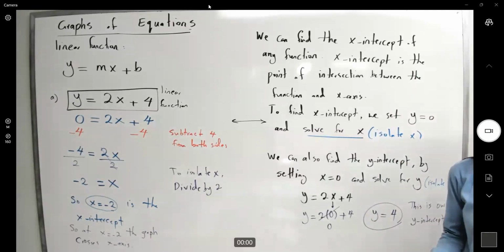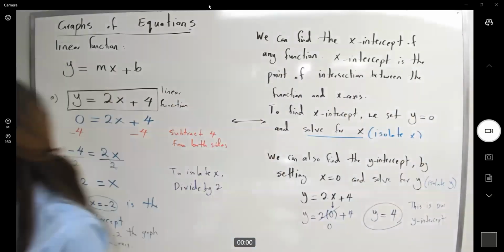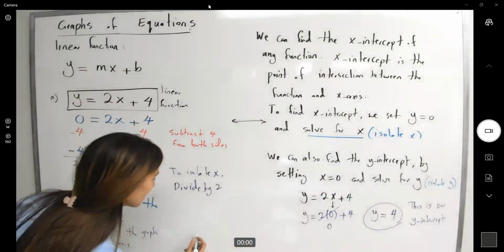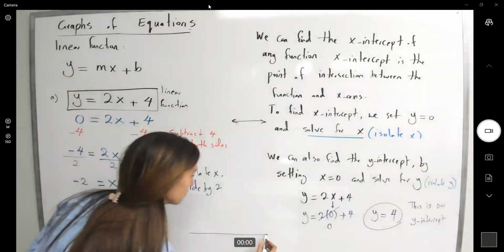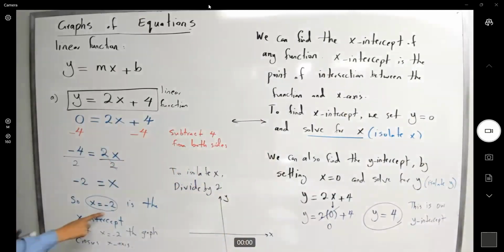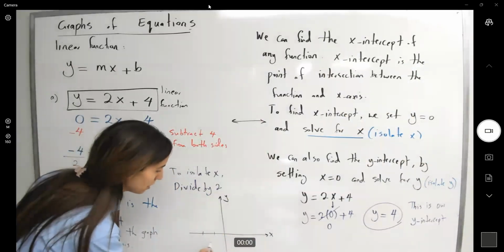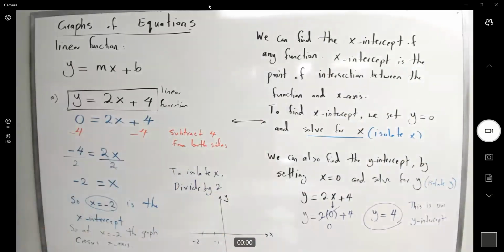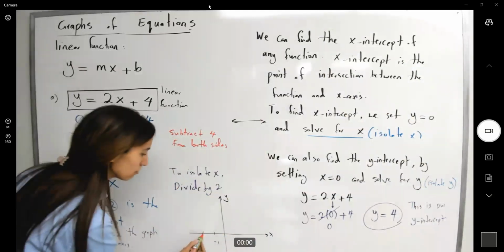So what's the use of these two, x-intercept and y-intercept? They help us to graph the line without using any help. So take a look at this. I have my x-axis and I have my y-axis. It says at -2, the graph hits the x-axis. So let me find -2. Okay, -2 is just right here.